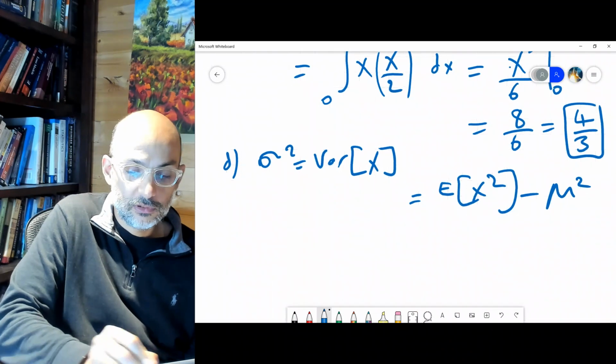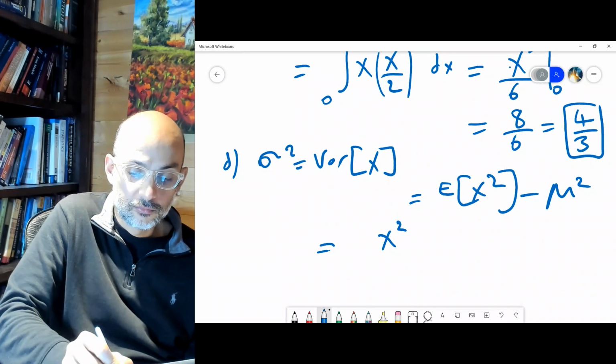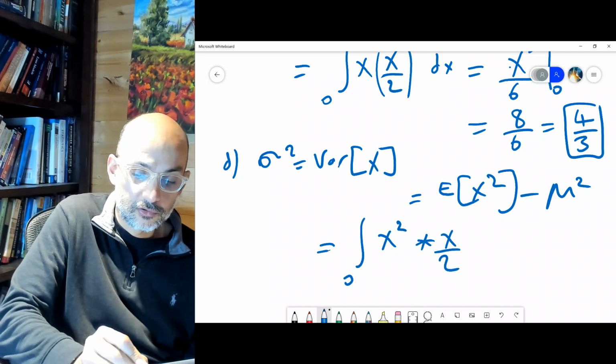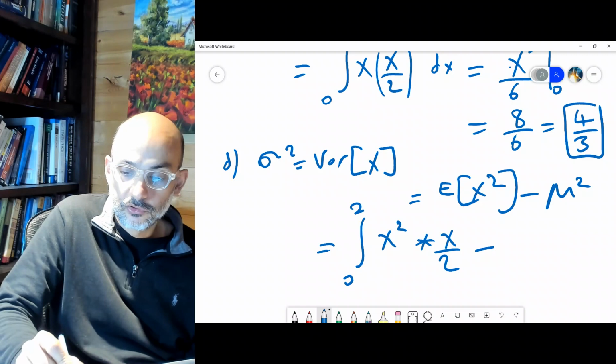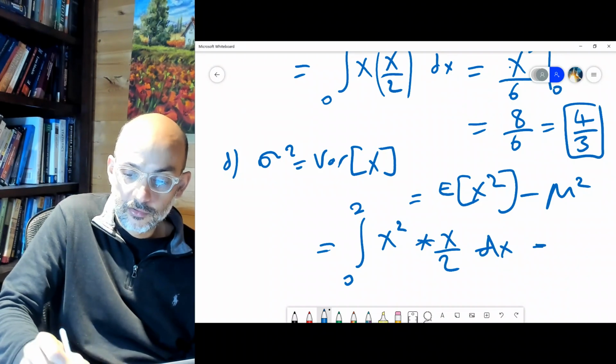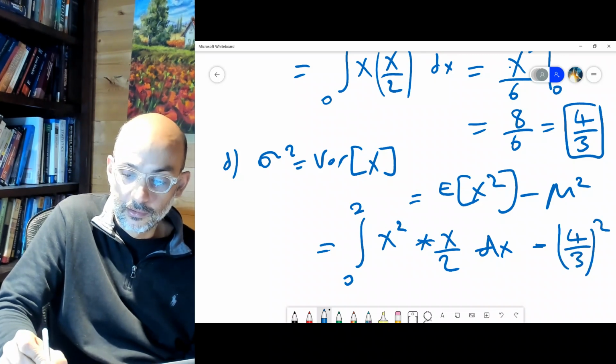So if we do this one, expected x squared will be x squared multiplied by x over 2 dx from 0 to 2, minus mu squared, which is 4 over 3 squared, right?